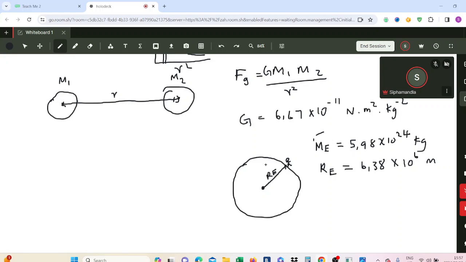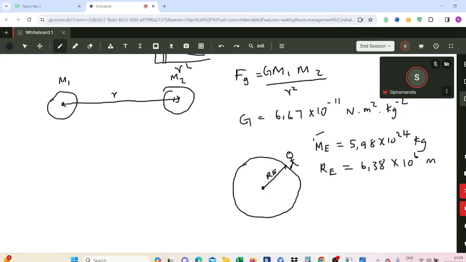Okay, now I want you to note that if you take the distance from the surface of the earth to this person, the distance would be 0. But let me just draw this person to be quite big.